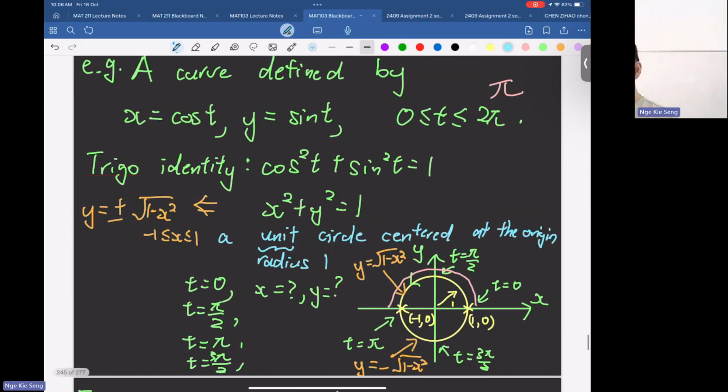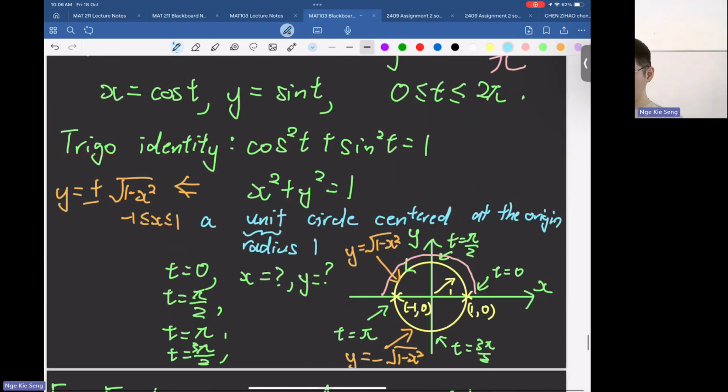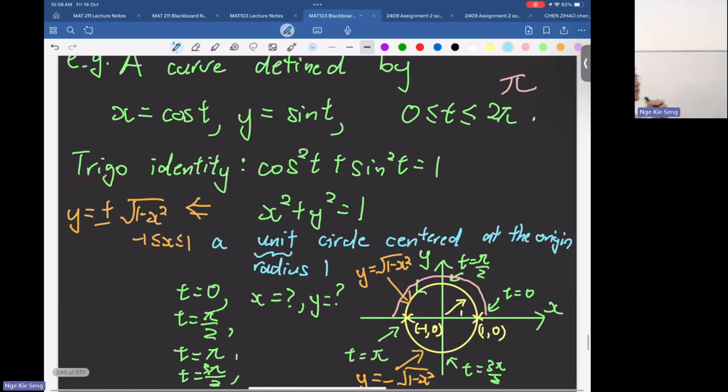Before I tell you the answer, maybe I didn't really tell you how to get this point from this circle picture. So how do you understand this t here? Really, you can understand t as an angle. Implicitly, I told you this is an angle. But what is this cos t, sin t here?